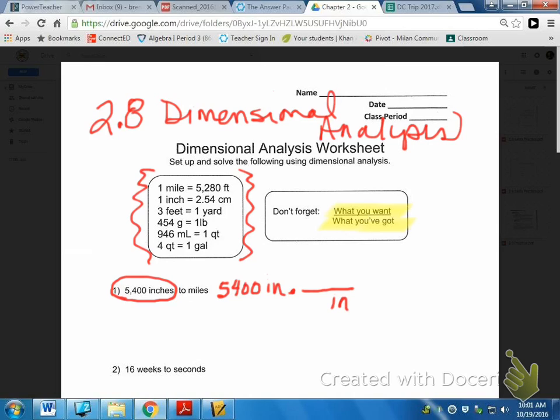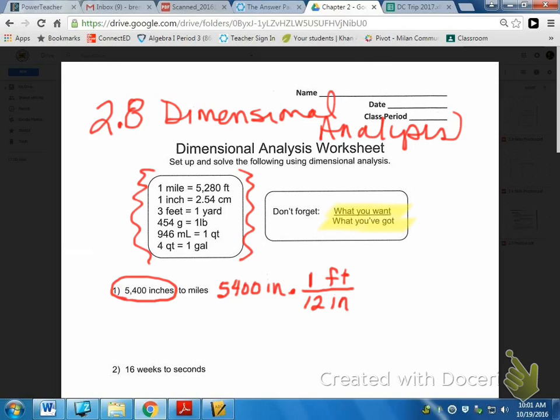And I can easily convert inches into feet. I just have to put the numbers that match the conversion. So how many inches are in a foot? 12 inches on the bottom and 1 foot on the top.